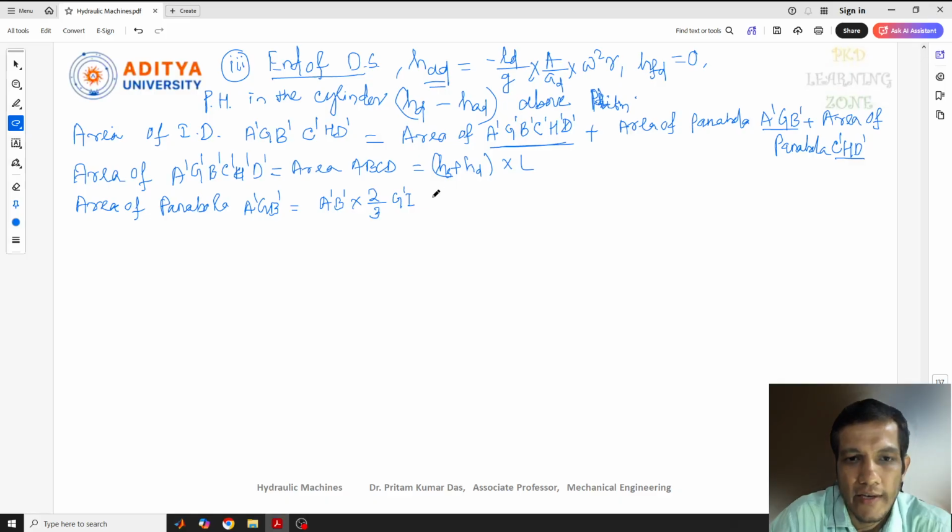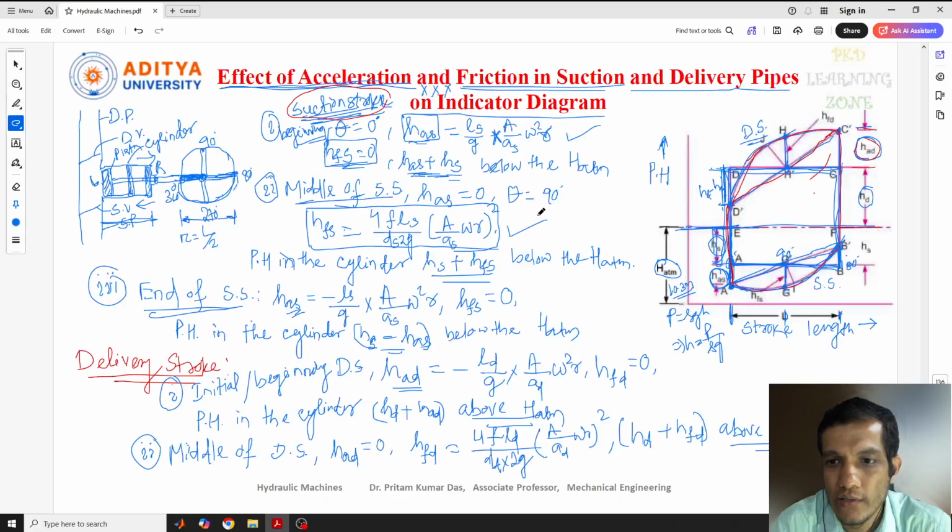Here I can write A dash B dash. On behalf of A dash B dash, what can we write? Let me write here, then we'll see. Here this is the total perpendicular line, so we can write G dash actually. Let me check it again once.